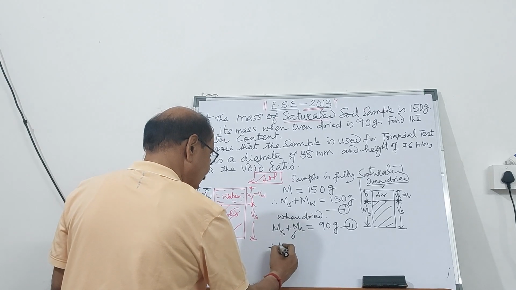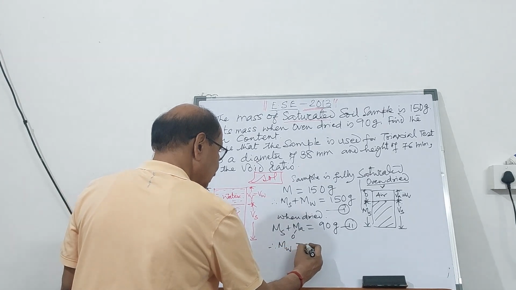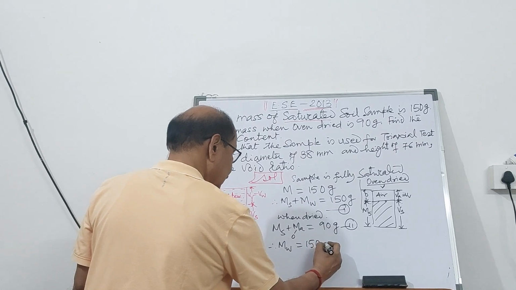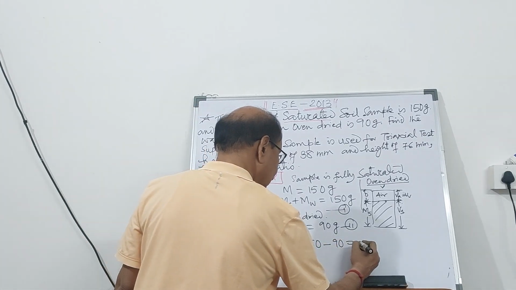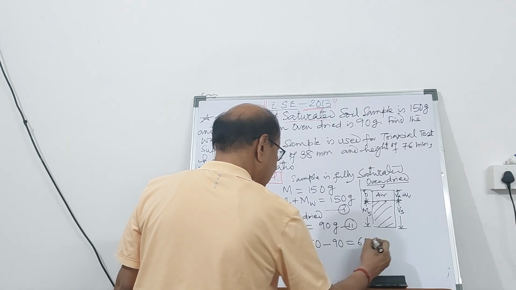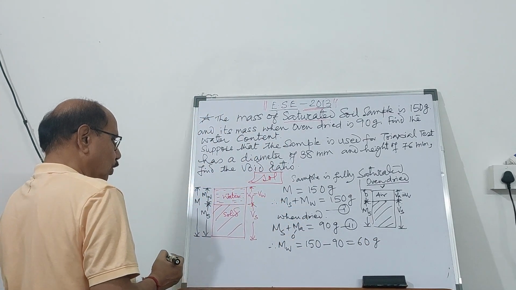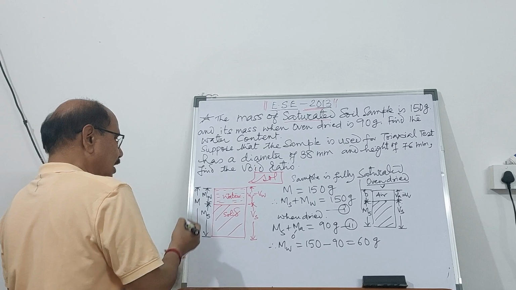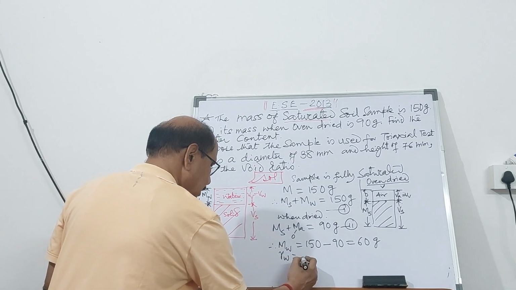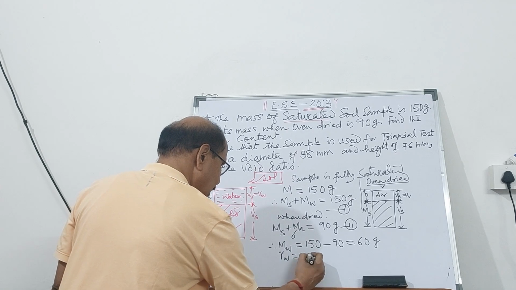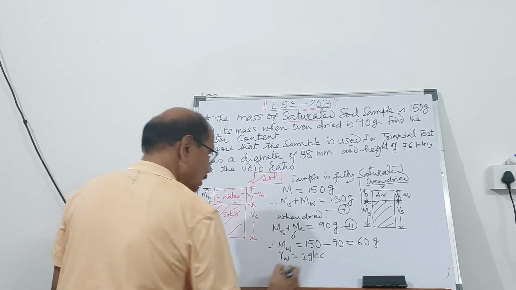Therefore the mass of water is 150 minus 90, that is 60 grams. That is the mass of water. And the unit weight of water is going to be 1 gram per cc.